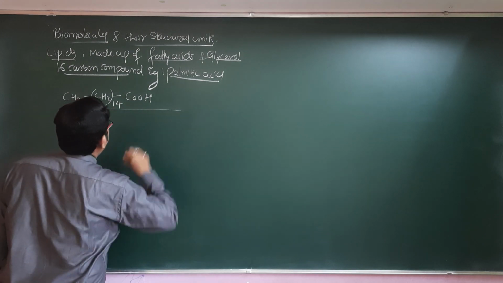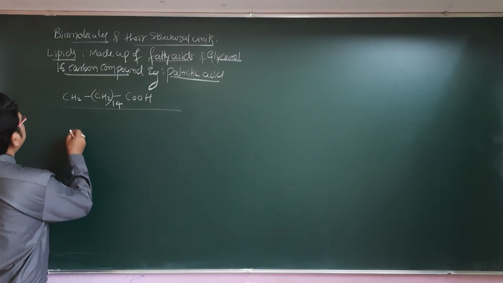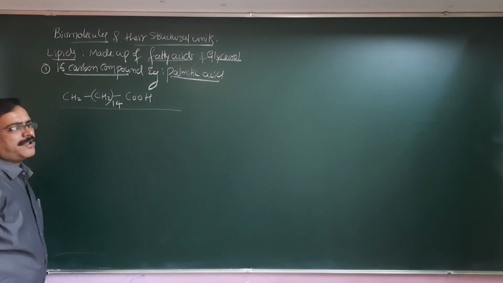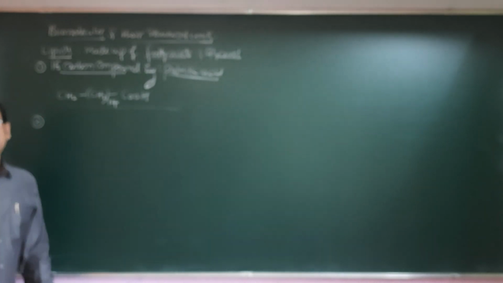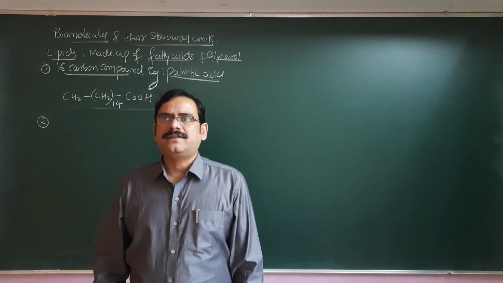So let us understand simple lipid molecules such as glycerol. The first one we discussed was the 16 carbon compound palmitic acid. The second compound we will discuss is glycerol. I hope you are able to see this.